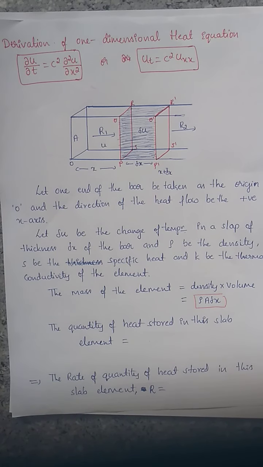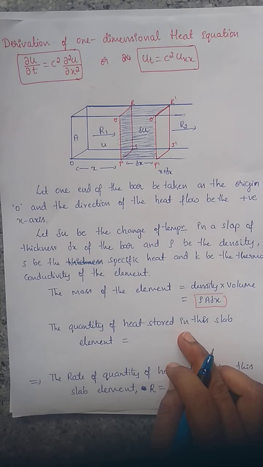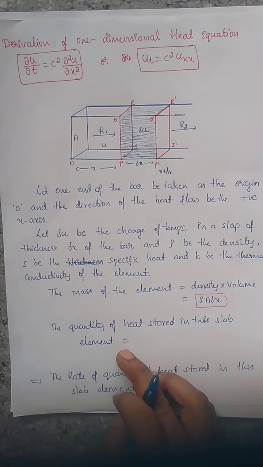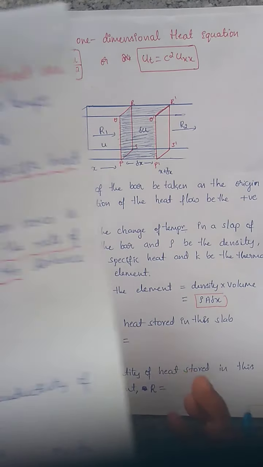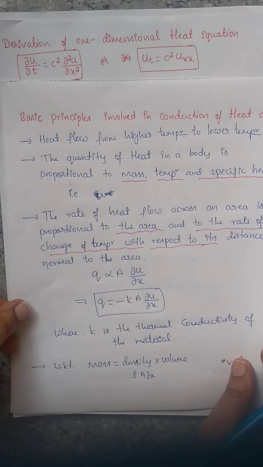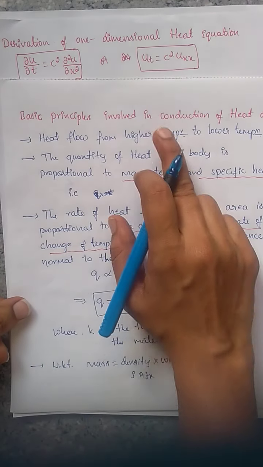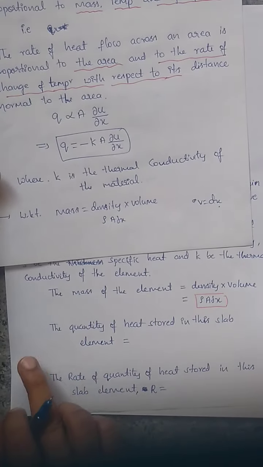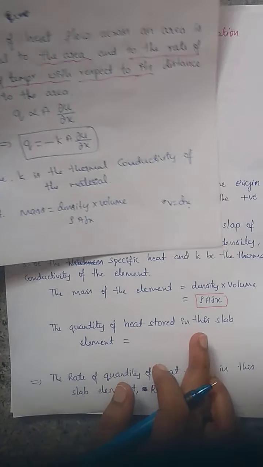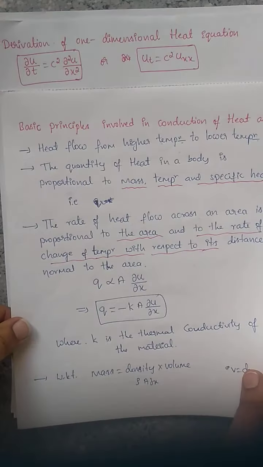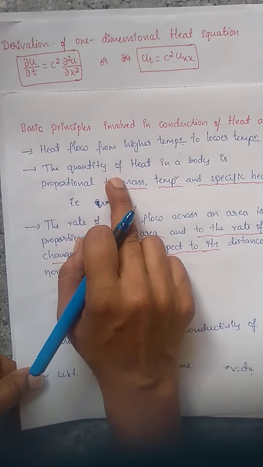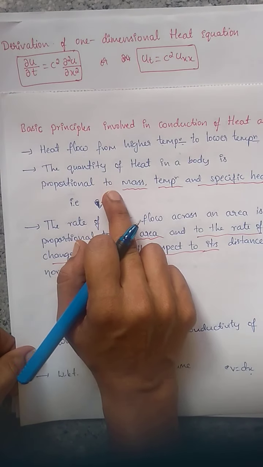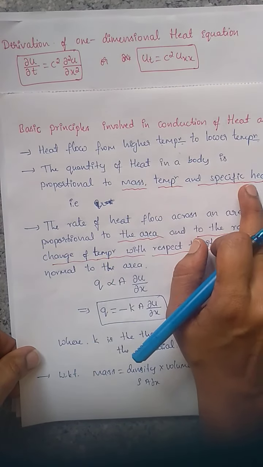Next I take the quantity of heat stored in this slab. We find it using the basic principles involved in the conduction of heat. According to the second point, the quantity of heat stored in a body or element depends on mass, temperature and specific heat.